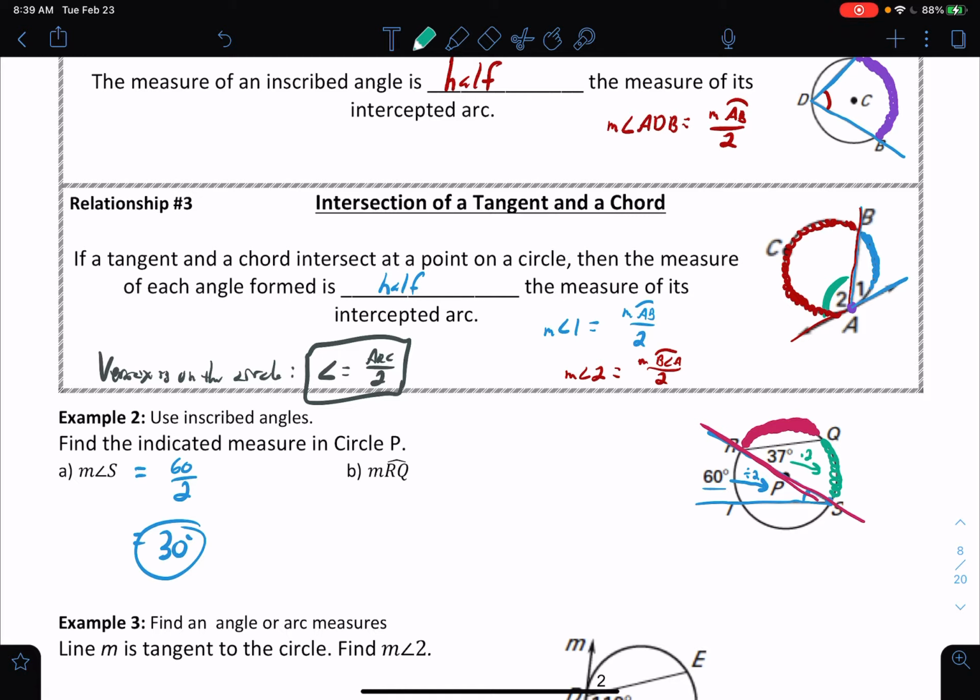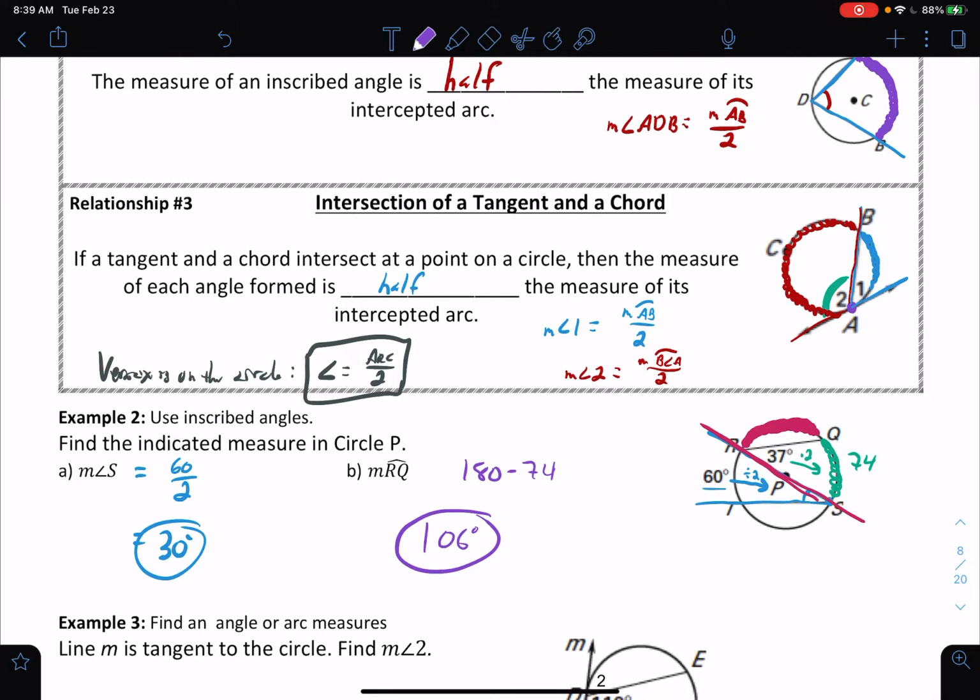So 37 times 2, arc QS is 74 degrees. The whole semicircle is 180, so 180 minus 74 gives me arc RQ. The measure of arc RQ is 106 degrees.